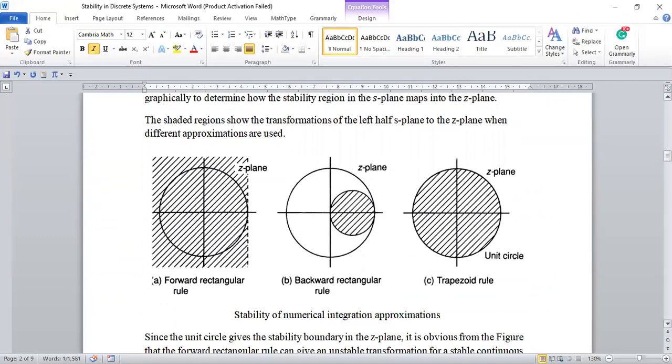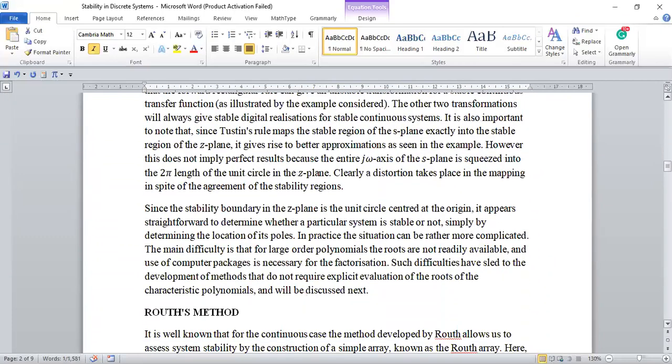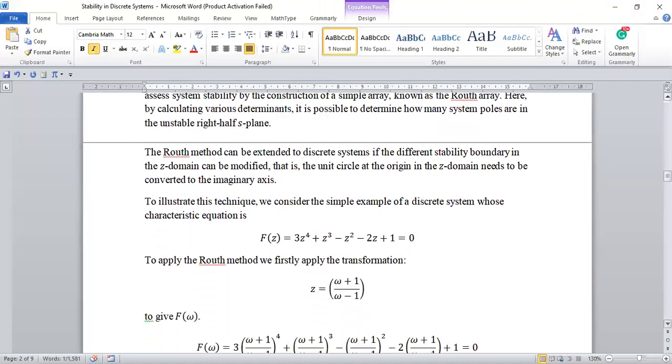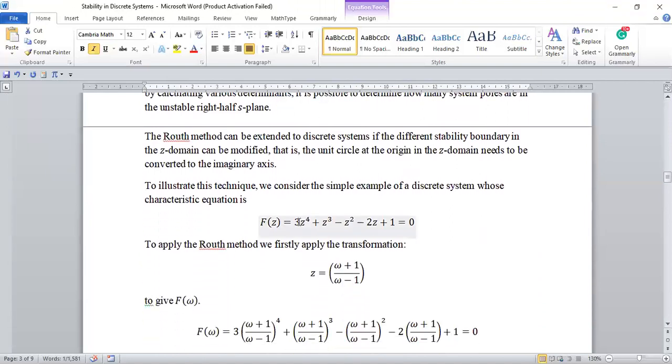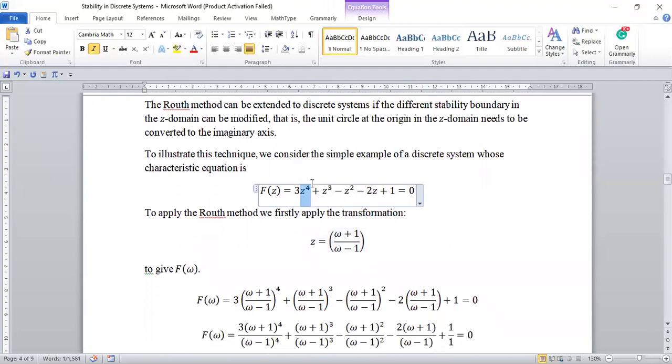So we apply this transformation to the Z we have here. Then we arrive at another polynomial. The polynomial we arrive at is going to be the polynomial we use to construct the Routh table. So this is the question.